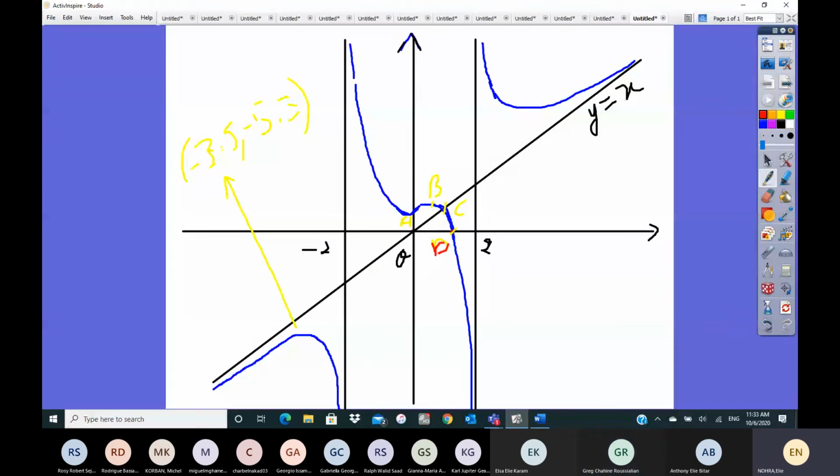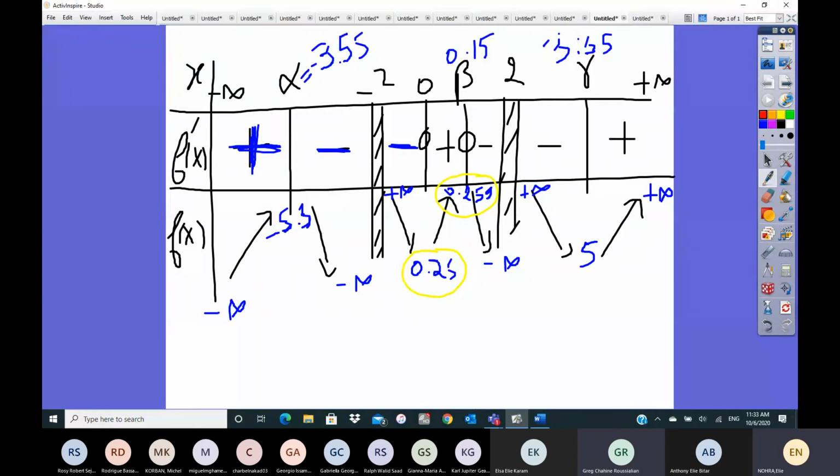This is D, this is C, this is B, and this is A. What are the coordinates of A? No, this is the point A. And this is the point B. Okay. This is the point D.